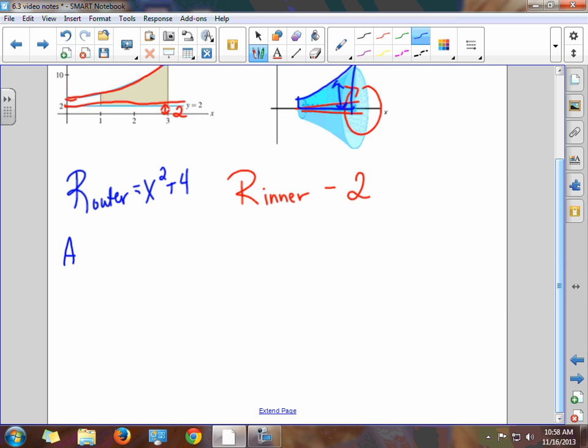So my area here is just going to be pi times my radius, which is x squared plus 4, all squared. My area for my inner is just going to be pi times my radius, which is pi times 2 squared. Now I integrate within my bounds. They tell me my bounds are 1 to 3.